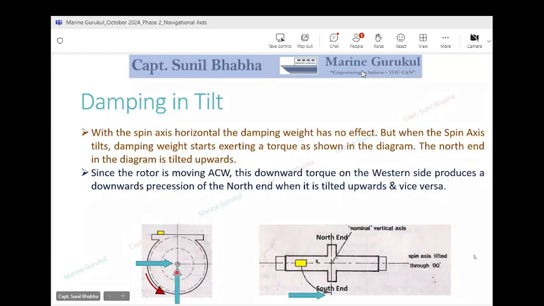This is how the force gets applied to the south end of the spin axis. So this force tries to push the south end of the spin axis upwards. Now obviously if it is trying to push the south end upwards, the south end goes up and the north end will have to come down. So you can now see that we have generated a force which is trying to bring the north end downwards.